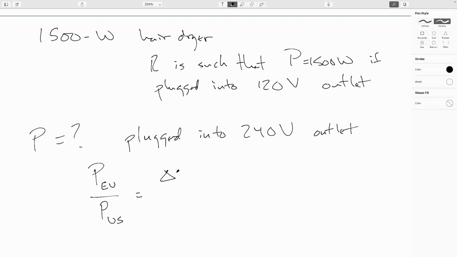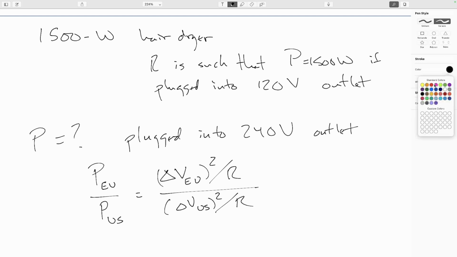So the power dissipated in the European Union will be the voltage in the European Union squared over the resistance of the hairdryer. And in the US, it would have been the voltage in the US squared over the resistance of the hairdryer. The resistance only depends on the materials used to make the heater element in it. So the R's just cancel.